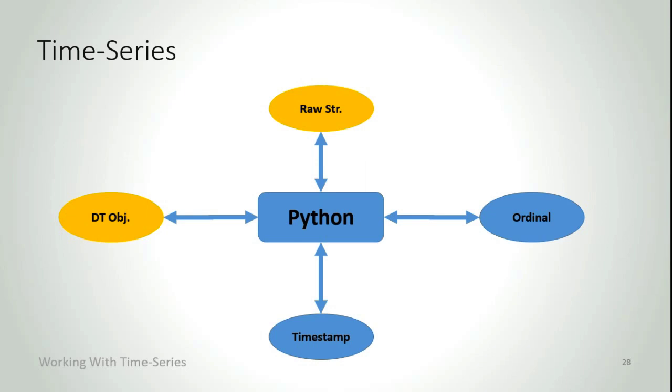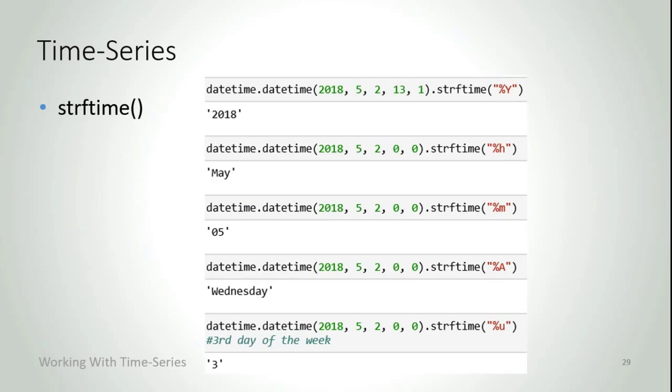So let's see the conversion between raw string and datetime object. strftime is actually converting a datetime to a string. Okay, so strftime gets different arguments according to what you want to extract from the datetime, and it gives you back these things. For instance, 2nd of May 2018, strftime of placeholder capital Y gives you 2018.